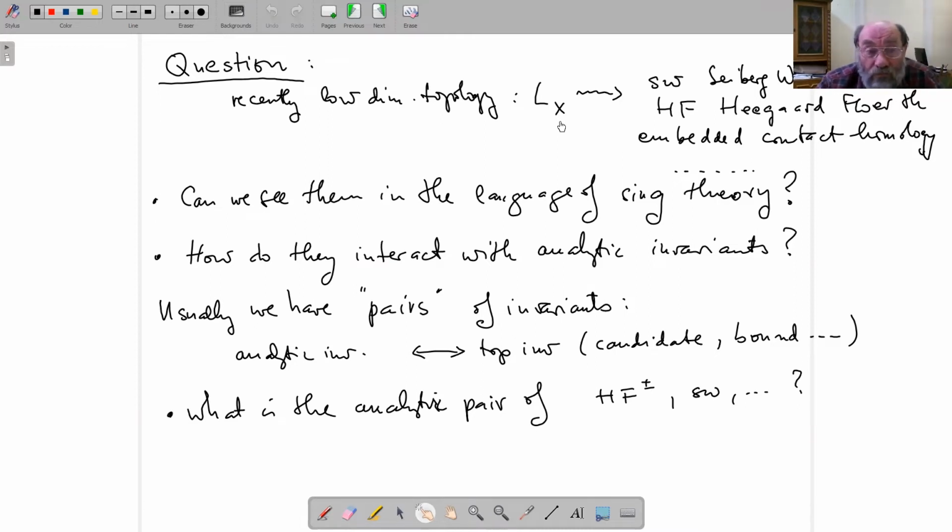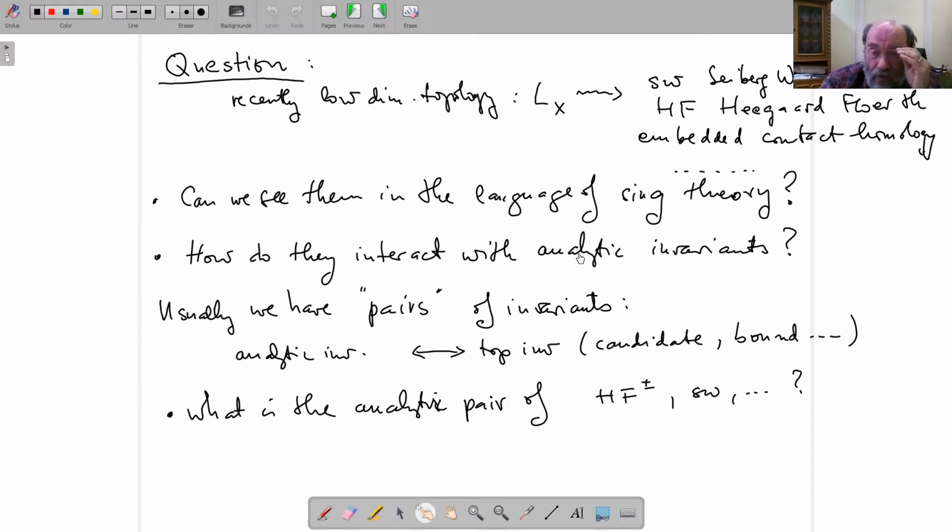And the question is how we understand all these topological invariants in the language of singularity theory. Can we connect the older or classical singularity invariants with these ones, or even more importantly, do they have any analytic interpretation, or do they interact with analytic invariants?